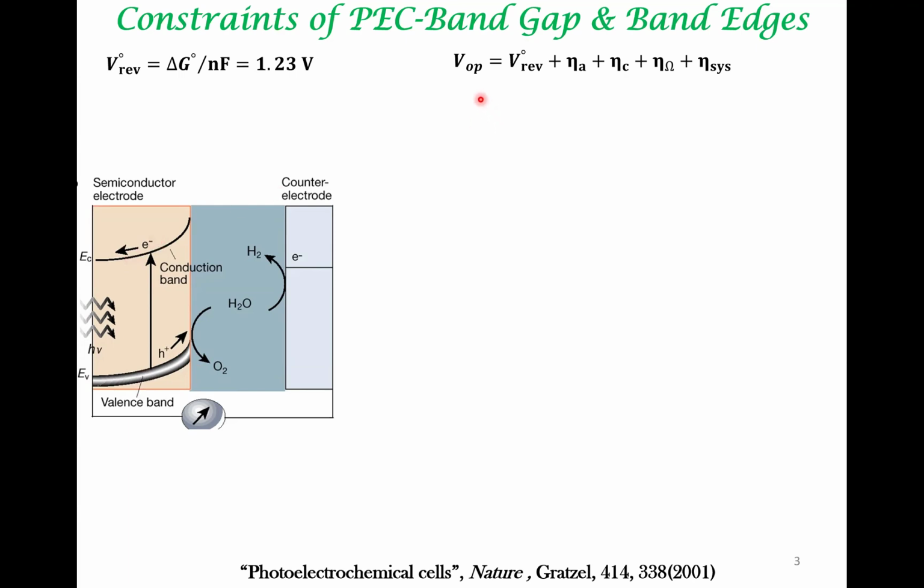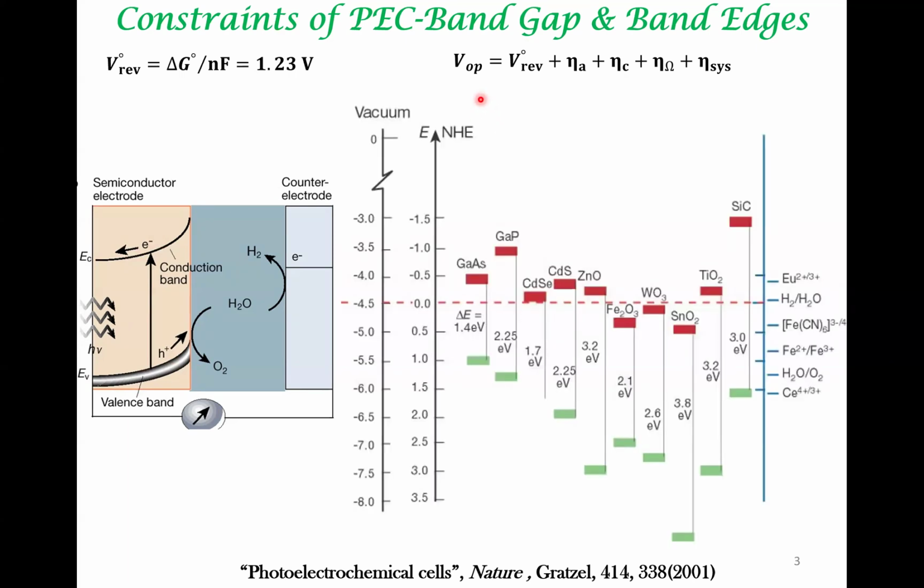So if you want to get at least 1.6 volts, the minimum band gap needed for the semiconductor utilized in the system should be about 1.6 eV. This right away excludes the most common semiconductor, silicon, which has a band gap of 1.1 eV. Not only because of the band gap, just having silicon is not productive.